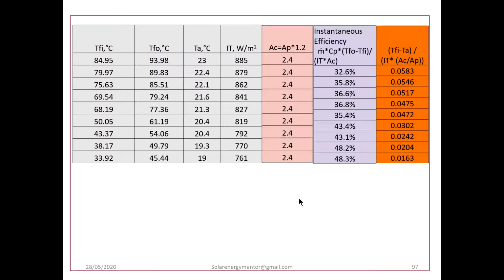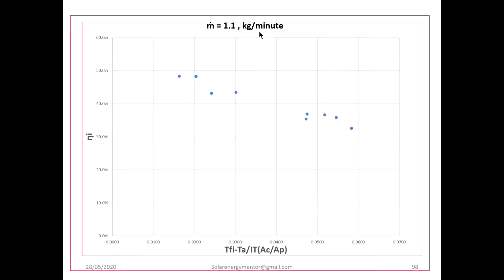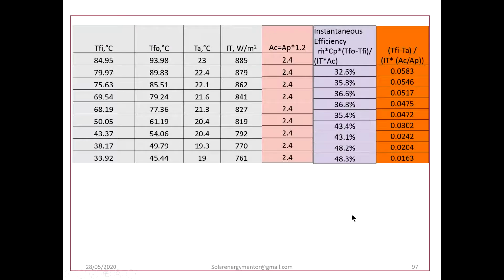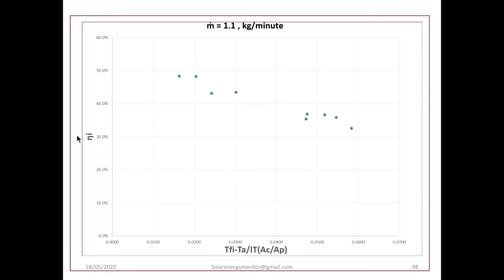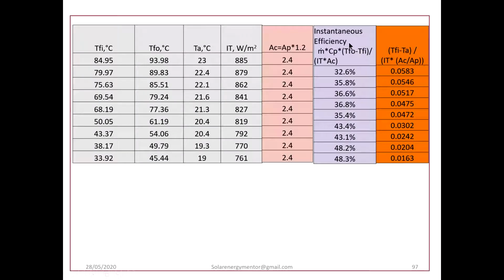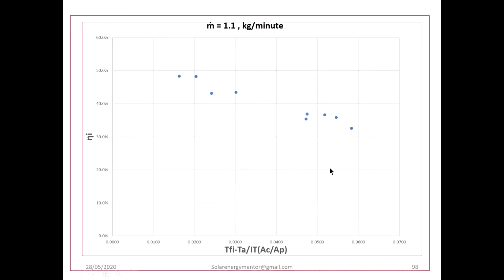Now if we plot these values here, now at m dot equal to 1.1 kg per minute, on x-axis TFI minus TA upon IT into AC upon AP, so this parameter on the x-axis, and efficiency values on the y-axis. So if we plot this, these are the data points we obtained, and then we need to fit a straight line to this.